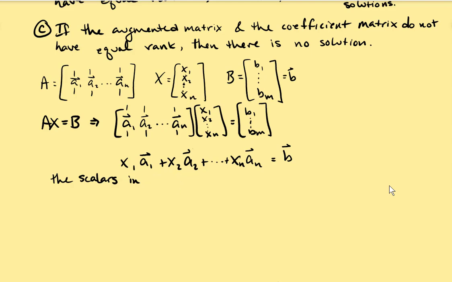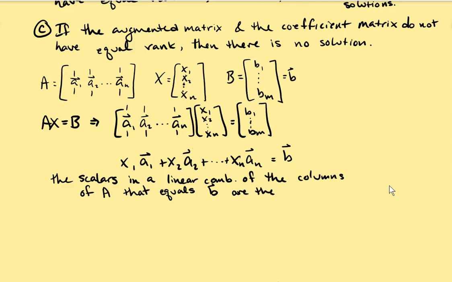There we go. Okay. The scalars in a linear combination of the columns of A that equals B are the solution vector.